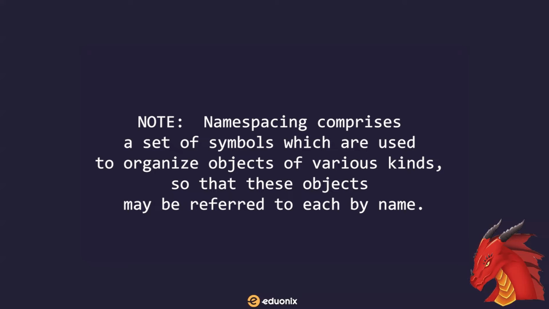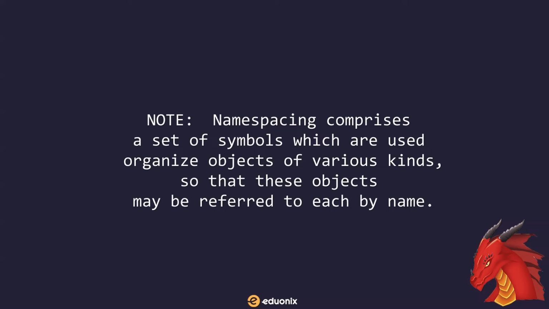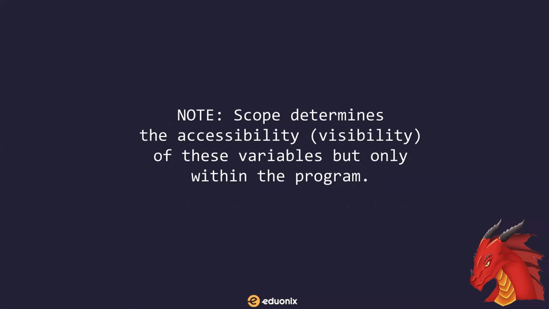Another benefit to opting for modular design is the ability to use namespacing. Note, namespacing comprises a set of symbols which are used to organize objects of various kinds so that these objects may be referred to each by name. Namespacing is beneficial because JavaScript demands that variables outside the scope of a top-level function are global. Note, scope determines the accessibility, visibility of these variables, but only within the program.